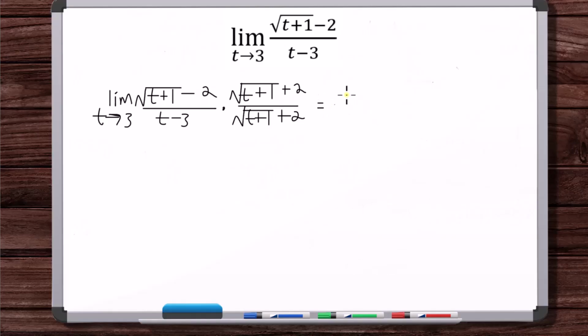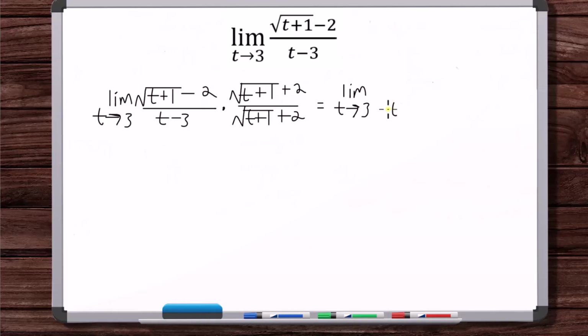So, okay, what we're left with is, the square root of t plus 1 times the square root of t plus 1 is just t plus 1. And then minus 2 times positive 2 is minus 4. So we're just left with t minus 3.